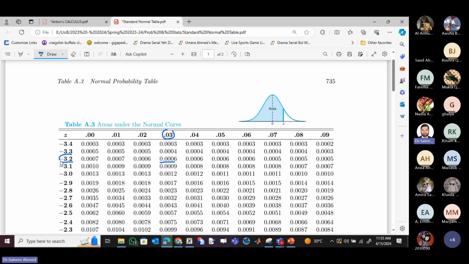So this is minus 3.2, and that is the second decimal place. This is the probability to the left of this z value, which is 0.0006. So z was minus 3.23.